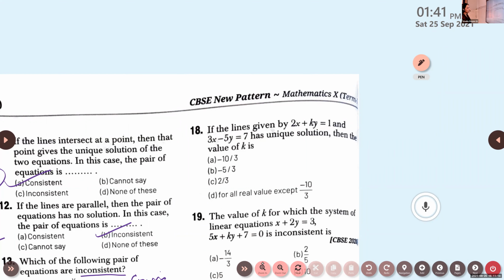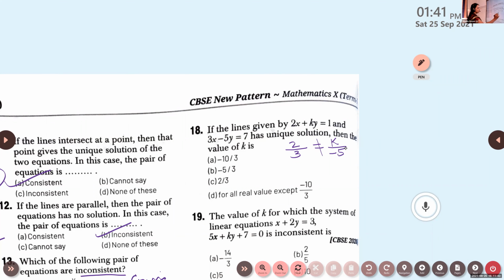What is the condition we have learned for unique solution? A1 by A2, isn't it? 2 by 1, 2 by 3. A1 by A2 is not equal to B1 by B2. So 2 by 3 is not equal to K by minus 5.